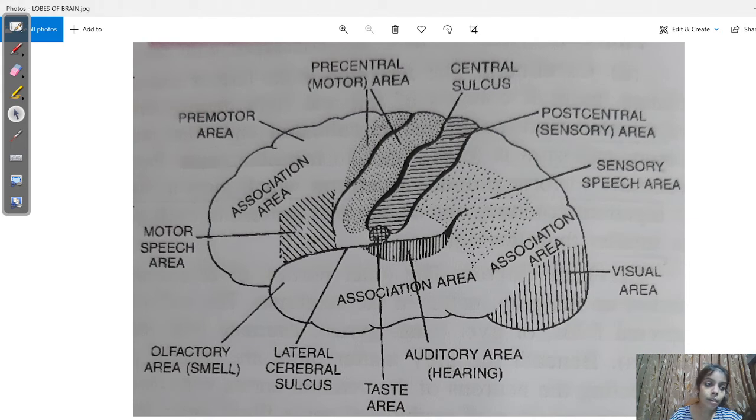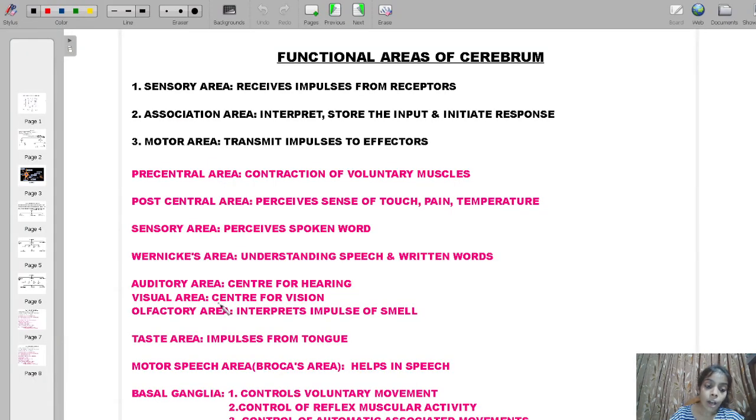Then comes the olfactory area. Here there is the olfactory lobe, which is a part of the cerebrum only. It helps us perceive the sensation of smell. Then comes the taste area. From the tongue, impulses will reach the brain and tell me this is bitter, this is sweet, this is spicy, this is tangy.